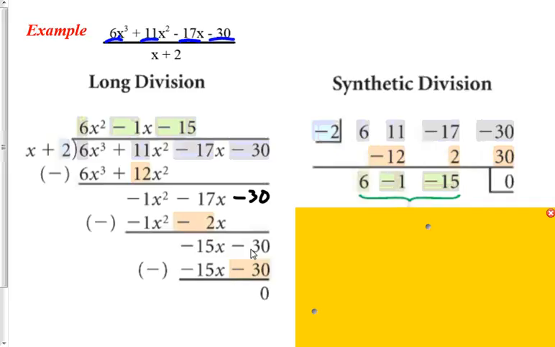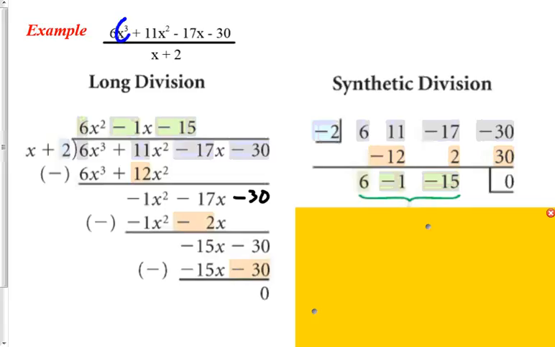The first number I'd like to talk about here is this 0. In synthetic division, the number farthest to the right is going to be our remainder. And because we did this in long division, we can also clearly see our remainder is 0. Now, when we look at the other three numbers, we need to look back to the original polynomial. So 6x cubed plus 11x squared minus 17x.